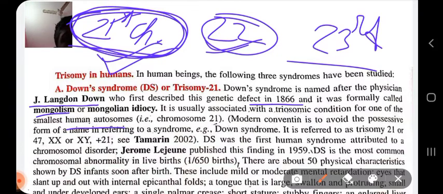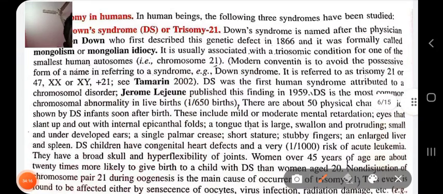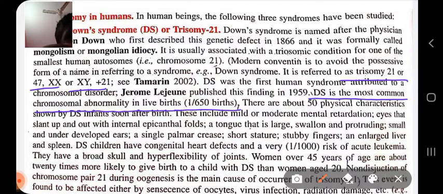It is referred to as trisomy 21 or 47 XX or XY21. Down syndrome is the most common chromosomal abnormality in live births. Out of 650 live births, one can suffer from Down syndrome.